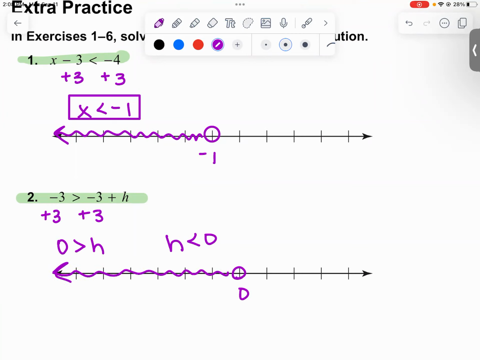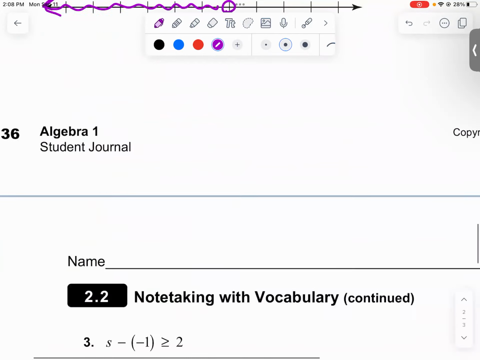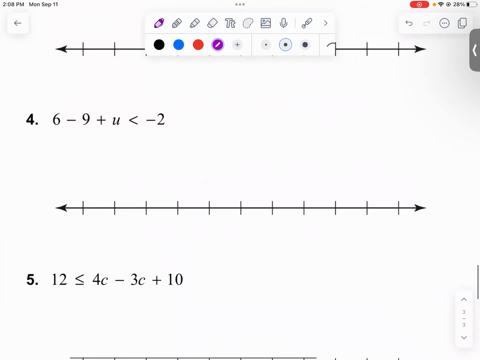All right, on the next page, we're gonna look at number 4. Ooh, it just got a little bit interesting. Take a look. Okay, so Brooke, what do we need to do first? From 9.